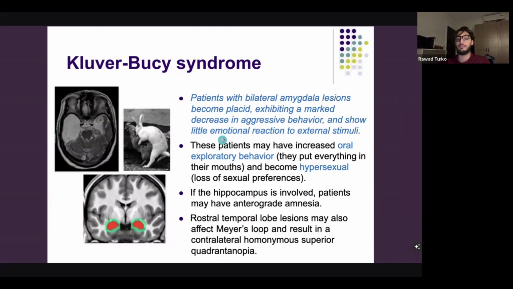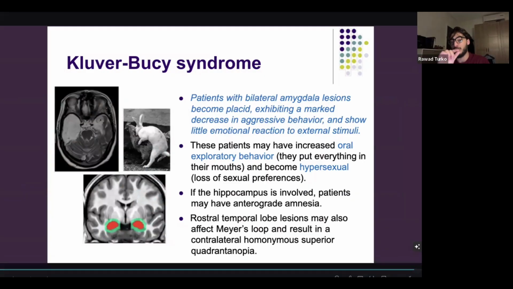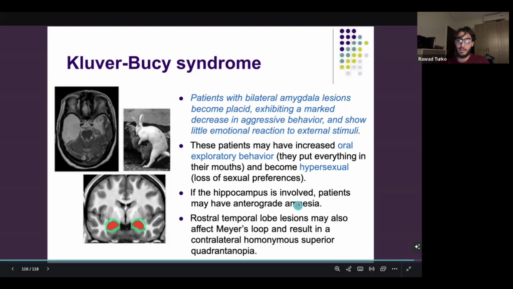Okay, and the amygdala is responsible for a lot of the personality, a lot of the inhibition in your personality. So if you get bilateral amygdala lesions, you're going to have very unique clinical manifestations like increased oral exploratory behavior, hypersexuality, and if the hippocampus is involved, because again, we mentioned that the amygdaloid bodies are very close in relation to the hippocampal body, obviously these patients can also have anterograde amnesia.